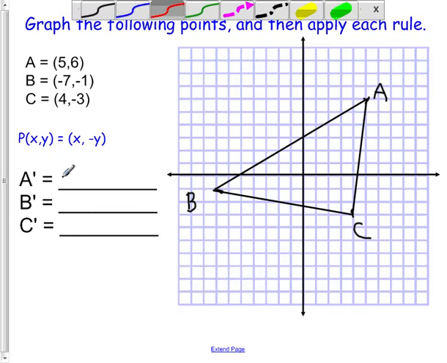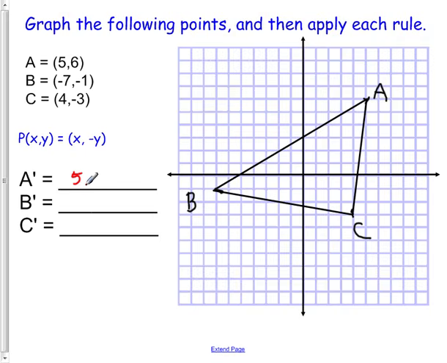We'll do this in red again. So the x stays the same, and now we do the opposite of y. So it's going to be 5, -6, and then -7, 1, and 4, 3. All right, let's graph these. 5, -6, that's going to be our A prime. -7, 1, that's going to be our B prime.